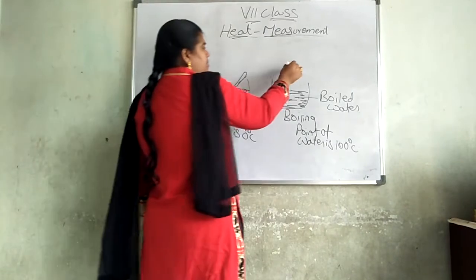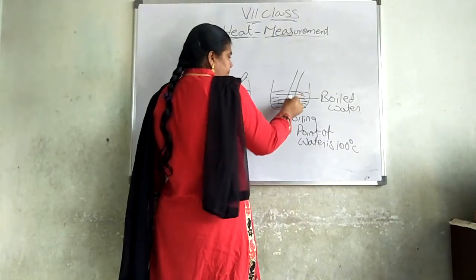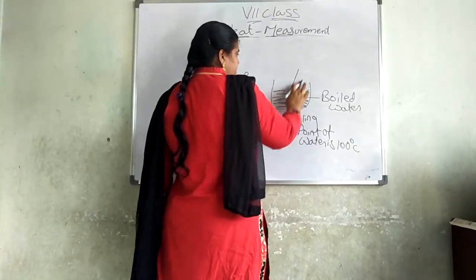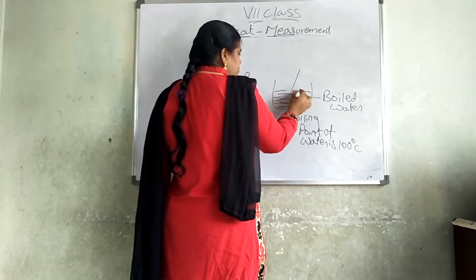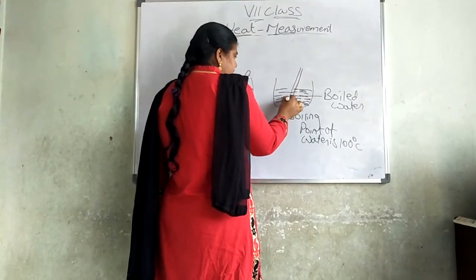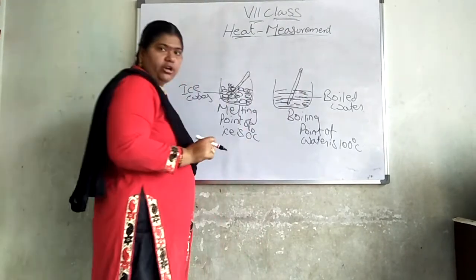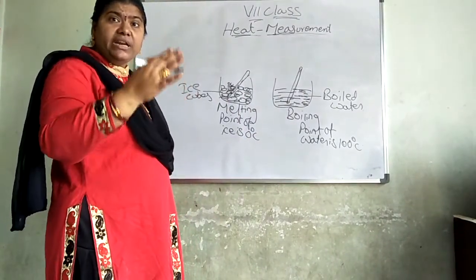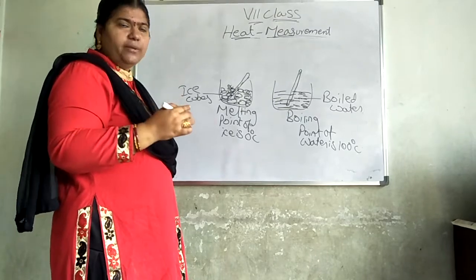After that, take this thermometer and place it in the boiled water. Now the mercury level will increase to a particular point.